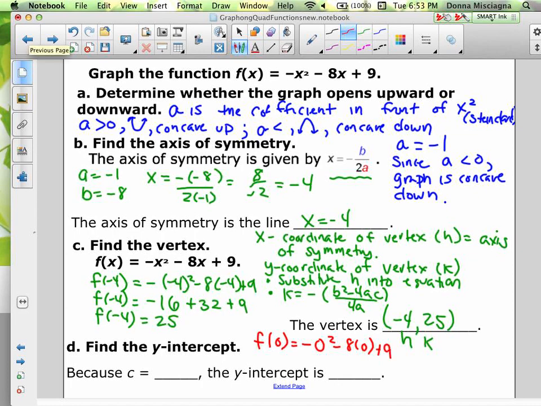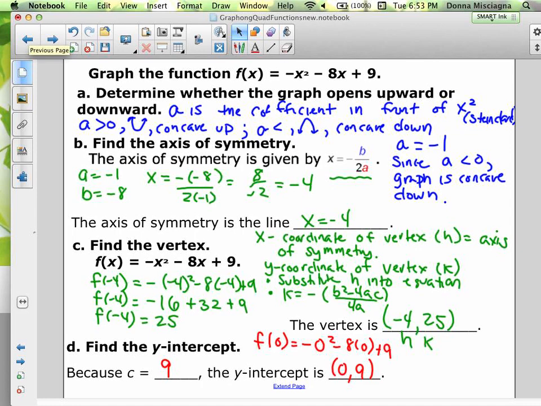And the only thing that's going to be left is the 9. So you don't actually have to do any work to find the y-intercept when it's in standard form. Whatever the value of c is, that will be your y-intercept. And that's just for standard form. We'll have to do a little work for the other forms.